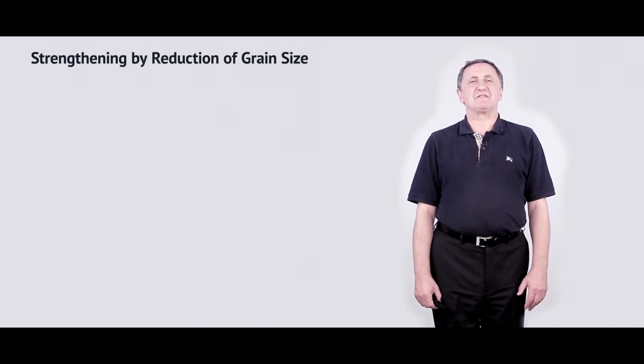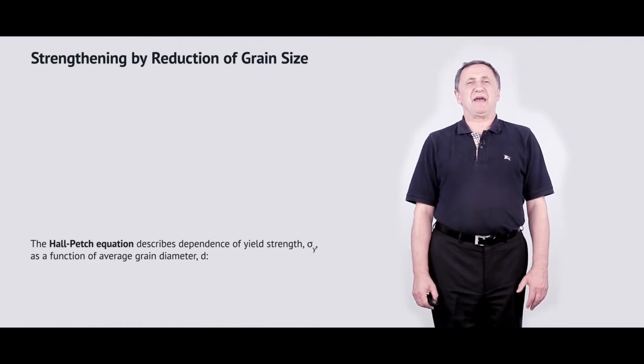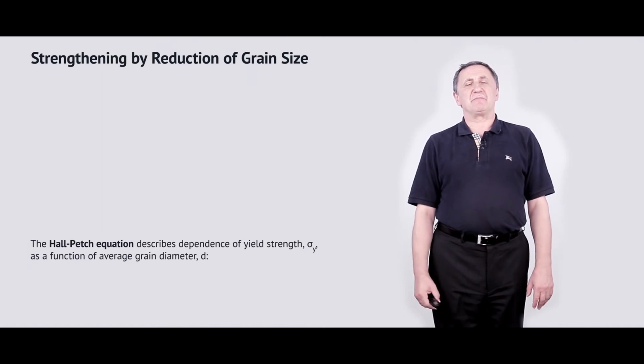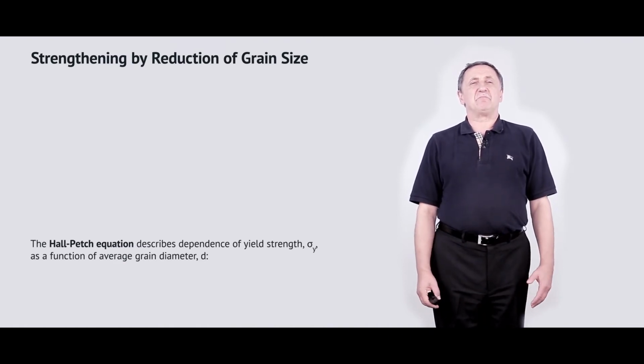Please put your attention that this equation was obtained based on the statistical treatment of very many experimental data for metals, so in some sense it's not a theoretical formula obtained based on the analysis of some model.